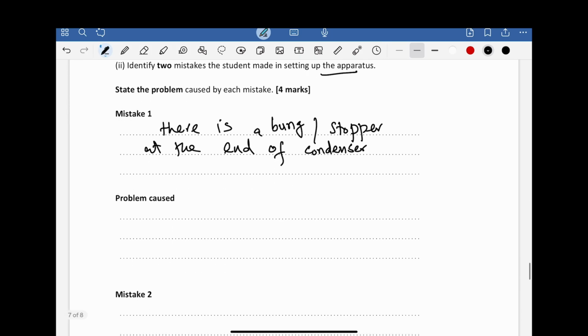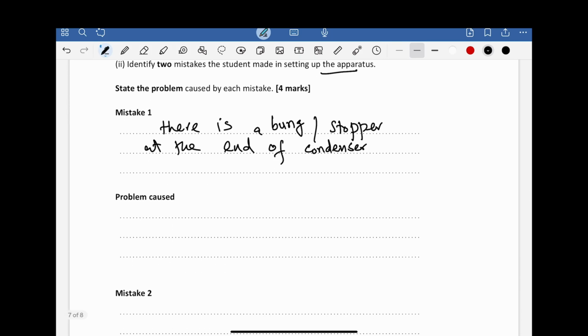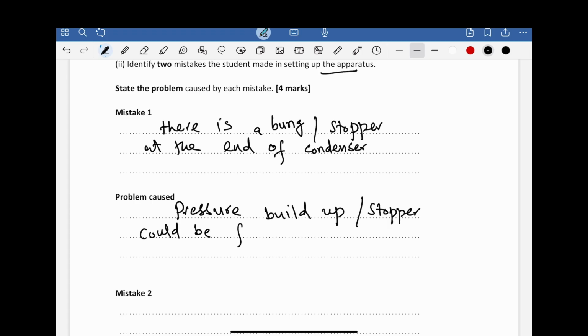Problem: this can cause pressure build up, or we can say the stopper could be forced out.